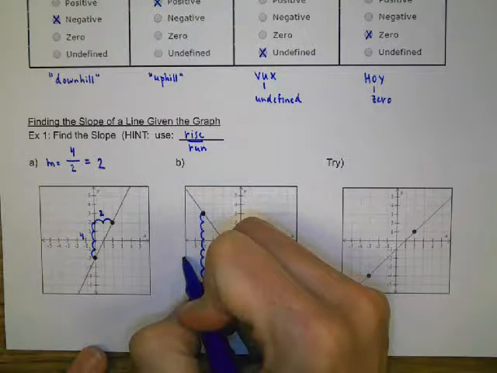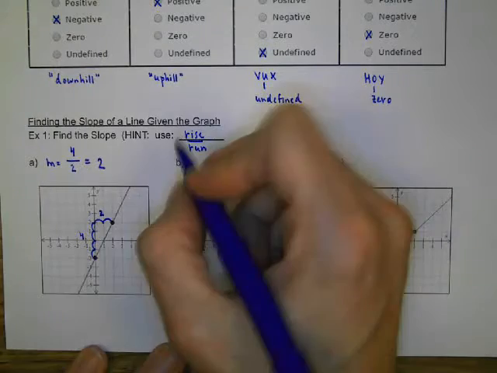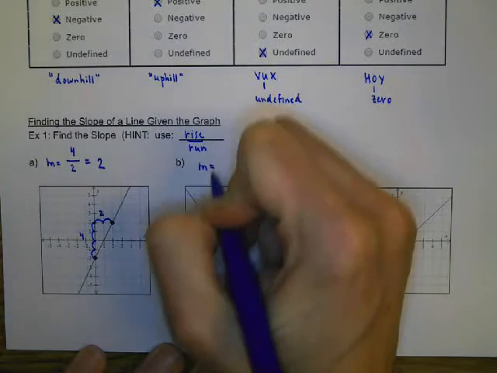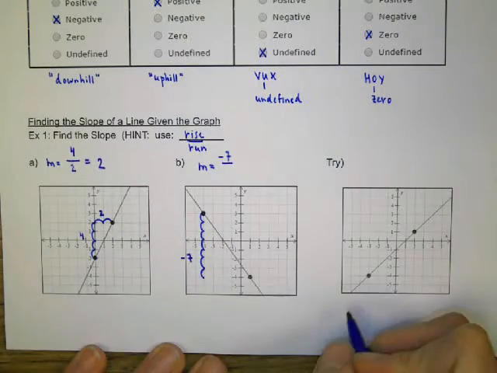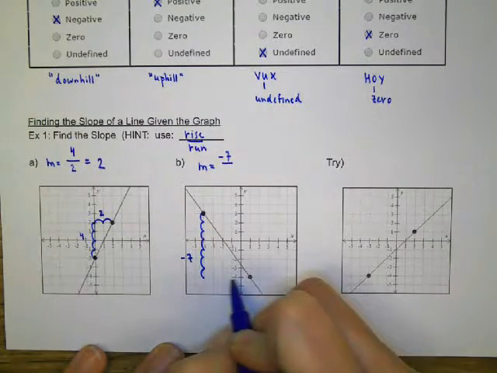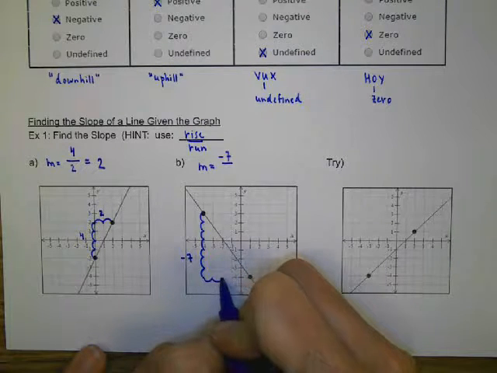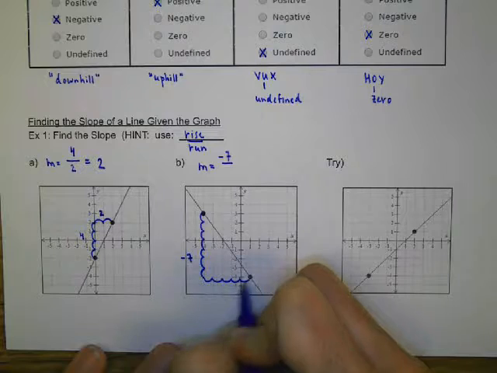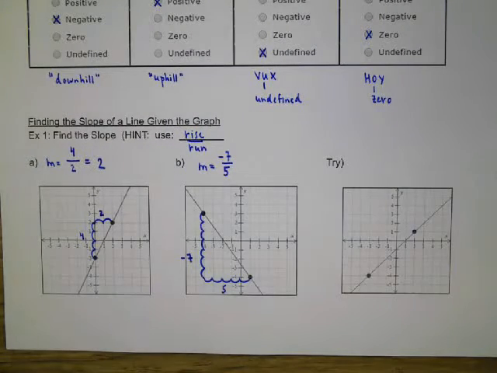But now since I went down, that's going to be a negative for my rise. So now I have m equals, remember that means slope. I have negative 7 in my numerator. Now I'm running to the right, so my run will be positive, and I'm going to go 1, 2, 3, 4, 5 spaces to the right. So my denominator is 5.